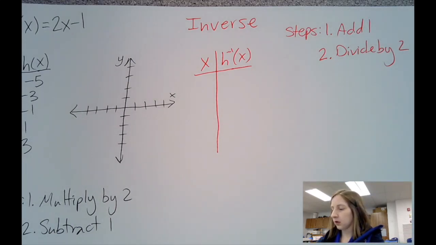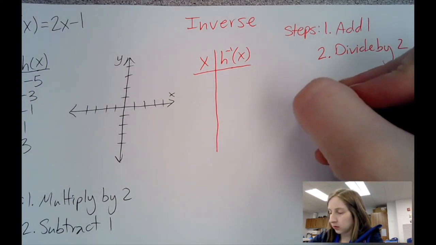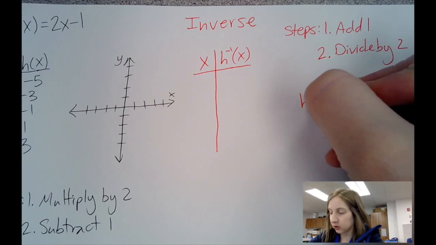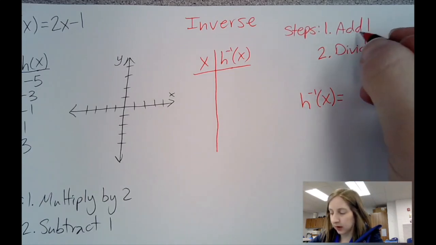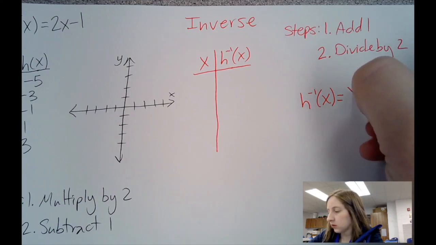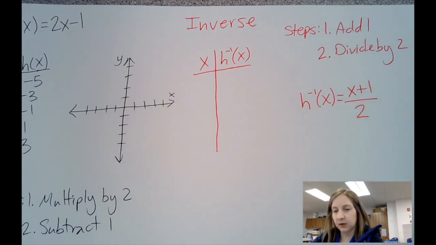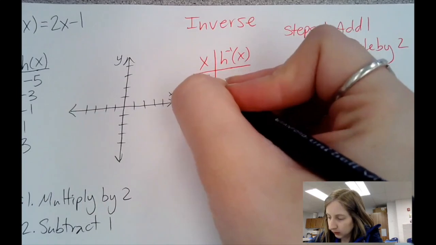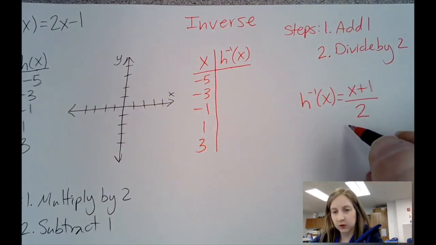Okay. So if I'm going to write the equation for that, my equation was h, so this is h inverse of x equals, add 1 first, so x plus 1, all divided by 2. So I'm going to put some numbers here to plug in for x into my inverse function.